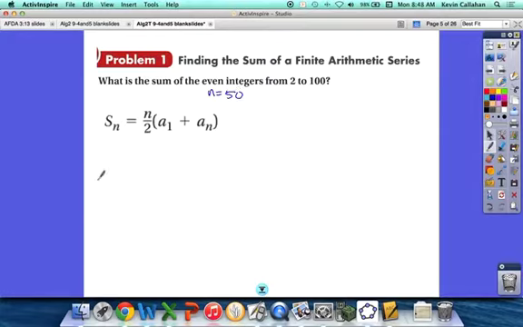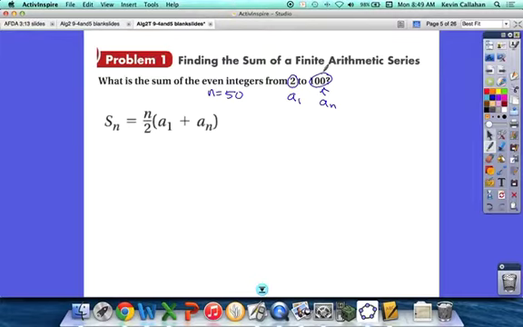Okay. What is the first term? All right, the first term is going to be 2, so there's a1. What is the last term? 100. So this is a n. All right, so you have everything you need to plug into the formula.